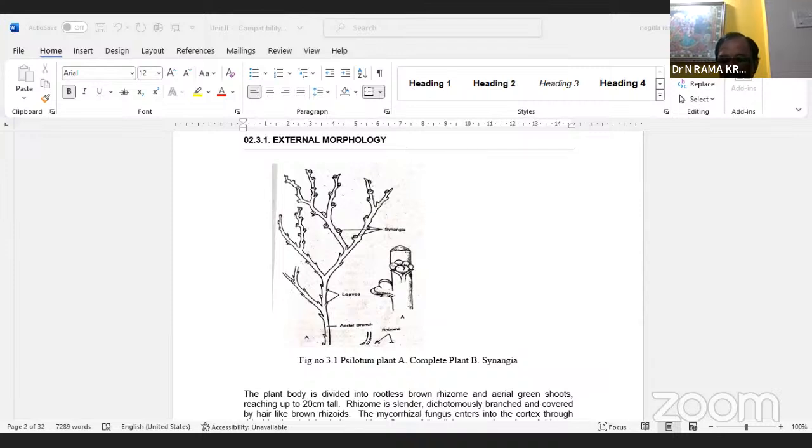This is known as heterospory. What is the meaning of heterospory? Microspores and megaspores: microspores give the male gametophyte, and megaspores give the female gametophyte.